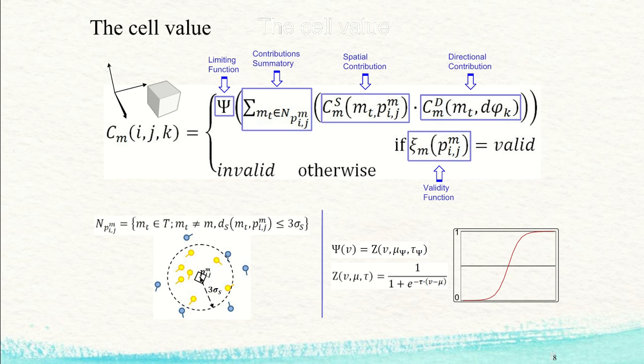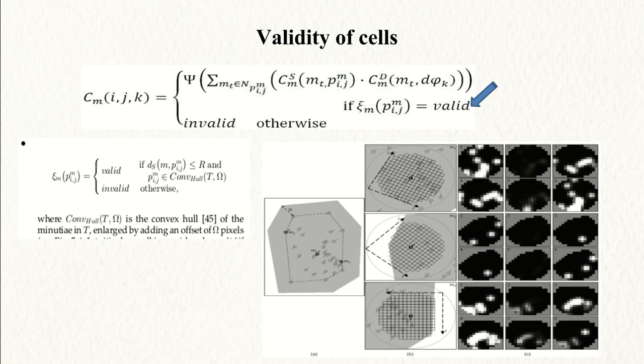Now how are we going to ensure which cell we are going to insert? Going to the next slide, we are putting a condition to ensure which cell is valid and which one is not.